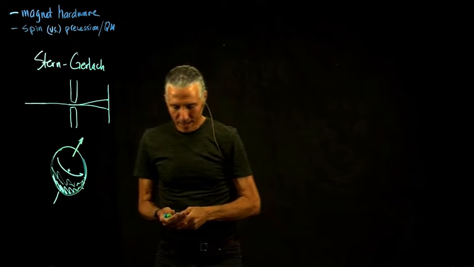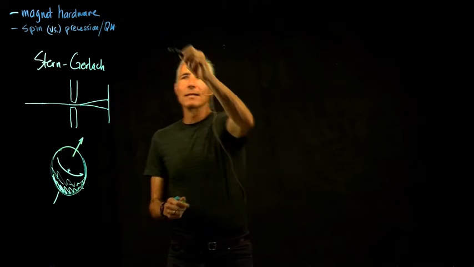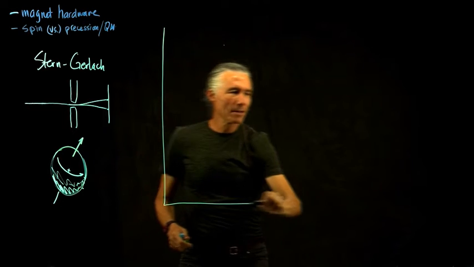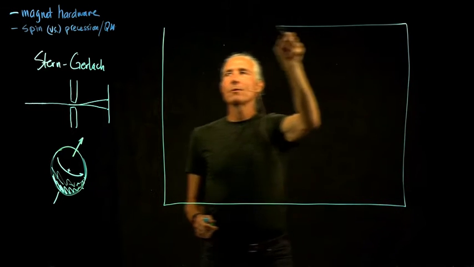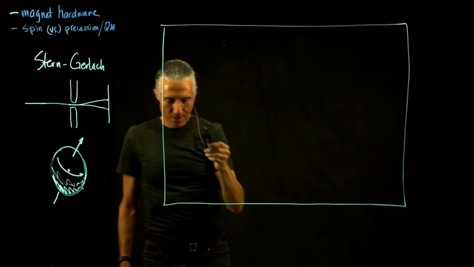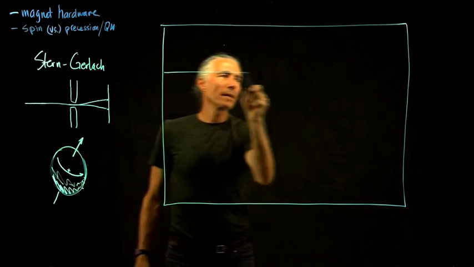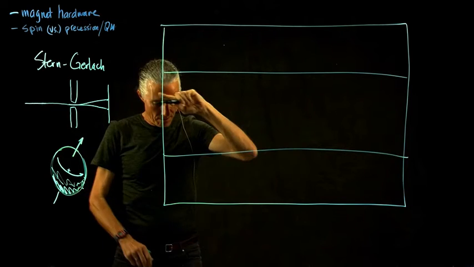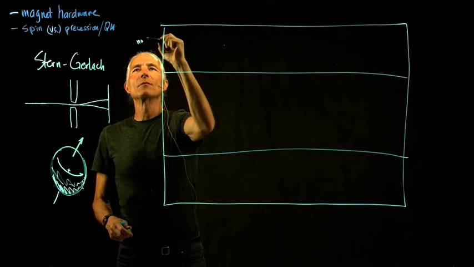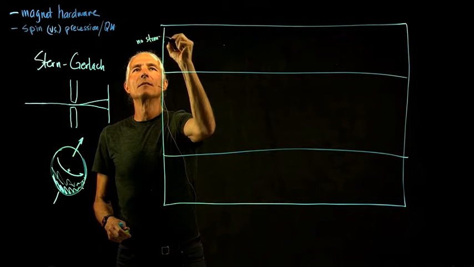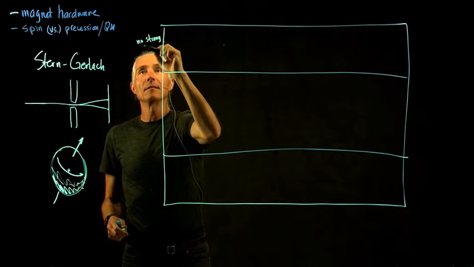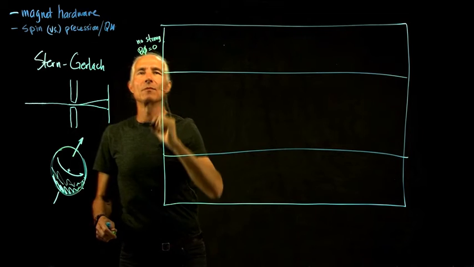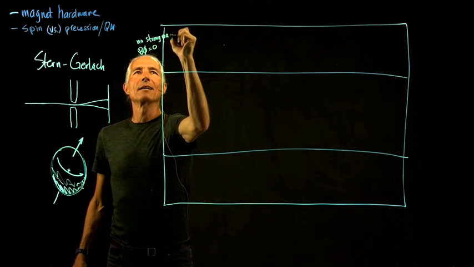And so if we make a big diagram here of three different conditions, we'll start off with no strong magnetic field. So this is B, the B0 field equals 0. No strong mag.